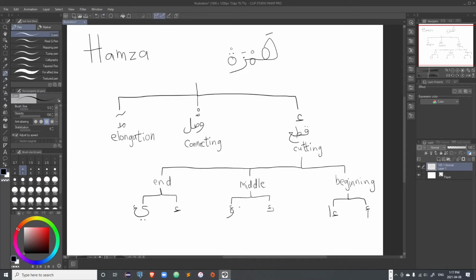Now there are rules for identifying, because as I said before, or at least I hope I did, Arabic is a spoken language, not a written language. So for you to be able to identify a Hamza, you will have to hear the guttural sound.